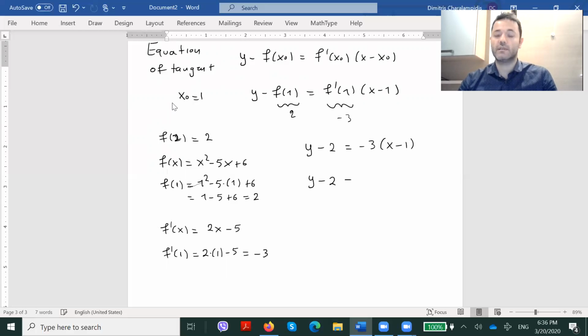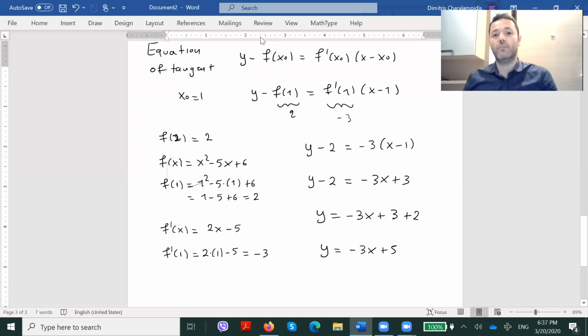And by doing some simple operations like the distributive property, minus 3x plus 3, I can write my equation in the form mx plus c, which will give me the wanted result, minus 3x plus 5.